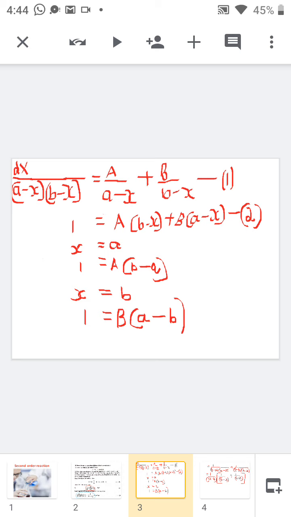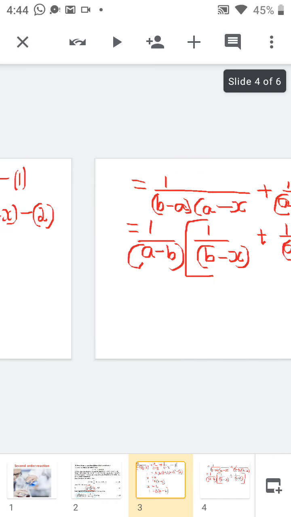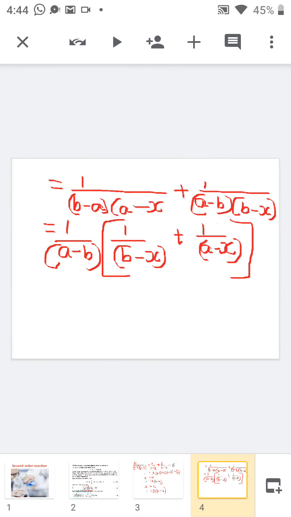So substitute the values of capital A and capital B in equation number 1. The equation becomes 1 by (b minus a) into (a minus x) plus 1 by (a minus b) into (b minus x). And we know that a minus b is common here. If we take the term a minus b outside, our equation becomes 1 by (a minus b) into [1 by (b minus x) minus 1 by (a minus x)]. Here I made some mistake, I showed plus; instead of that, you should write minus.